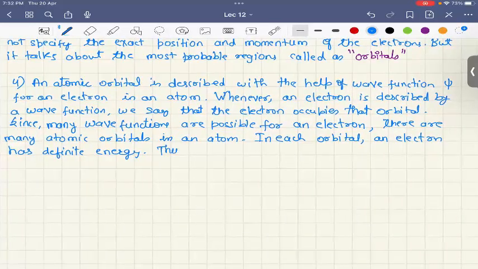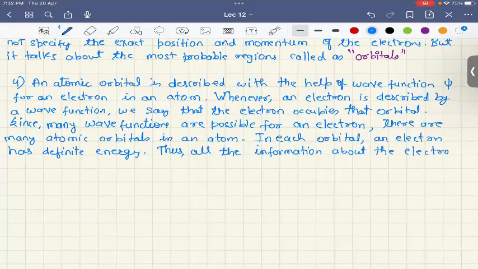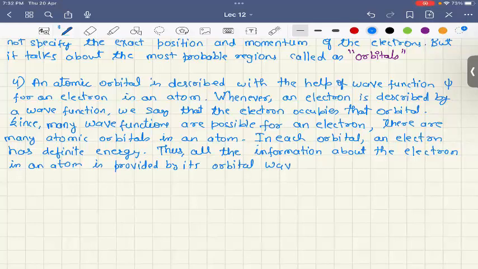Thus, all the information about the electron in an atom is provided by its orbital wave function, which is nothing but psi, right?